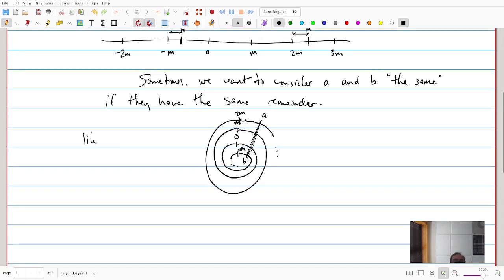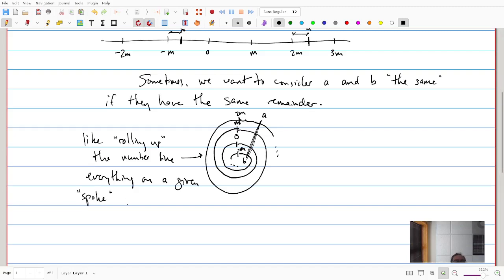So it's like rolling up the number line. Everything on a given spoke, we're going to consider the same.